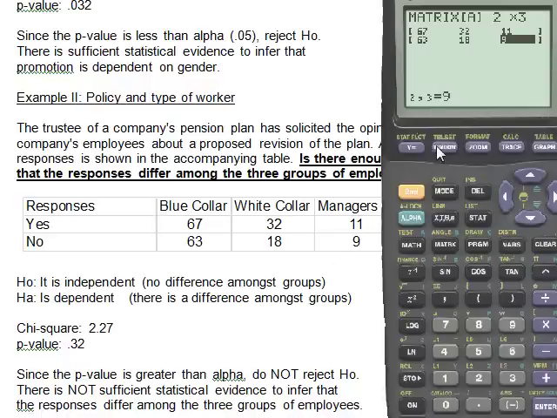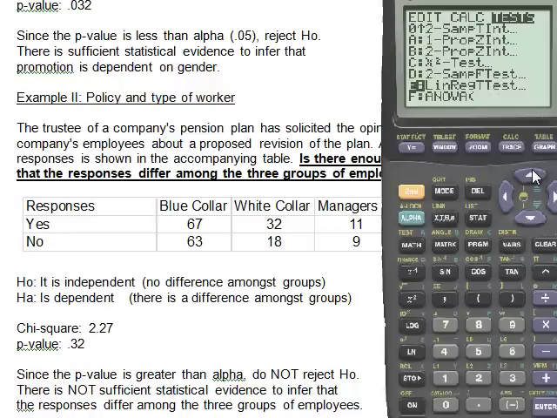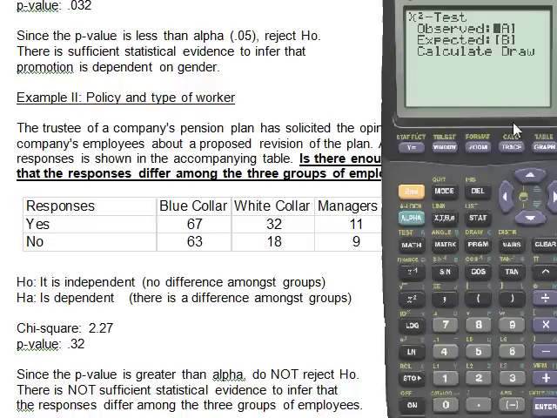It appears to be. Okay, so then we go to stats, tests, just like before. We go up to the chi-squared test. We put in matrix A, so we're all fine. We go to calculate and enter. And here's our chi-squared value, 2.27, and our p-value is 0.32. If the null hypothesis was in fact true, that it was independent of groups or no difference amongst groups, it's fairly likely to get this sample result.